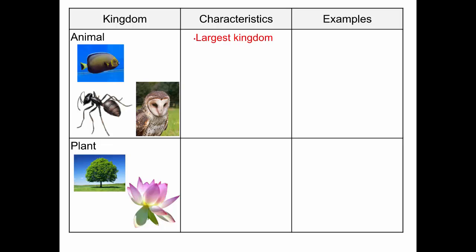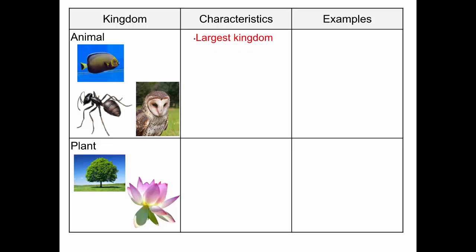So let's think about those 3 characteristics. Do animal cells contain a nucleus in them? Yes. They do. So raise your hand if you could tell me, what's the term we use for groups that have a nucleus in their cell? Natalie?